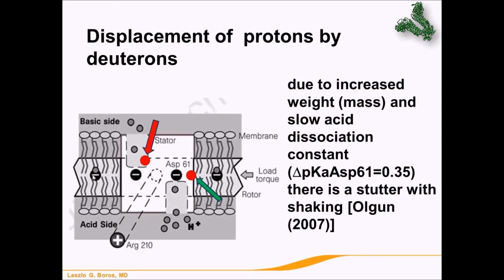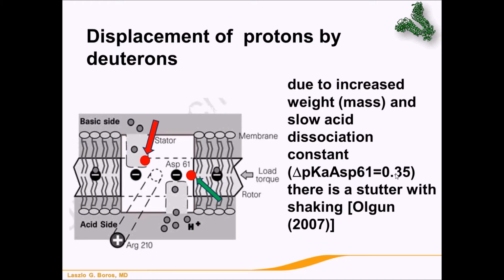They push the rotor in one direction. Deuterium being twice as large and twice as heavy as hydrogen, they just don't go very easily through this nanotube, and once they attach to the asparagine 61 residue, because of their low acid dissociation constant, they don't get off of asparagine 61.